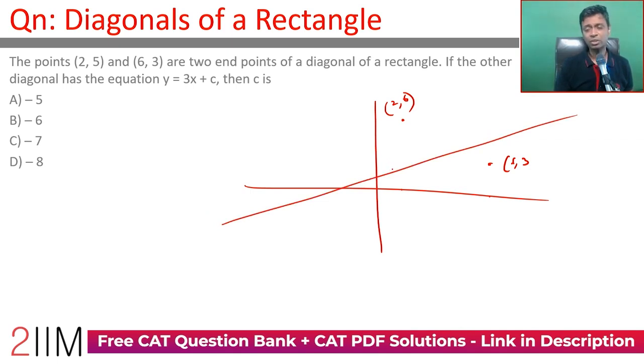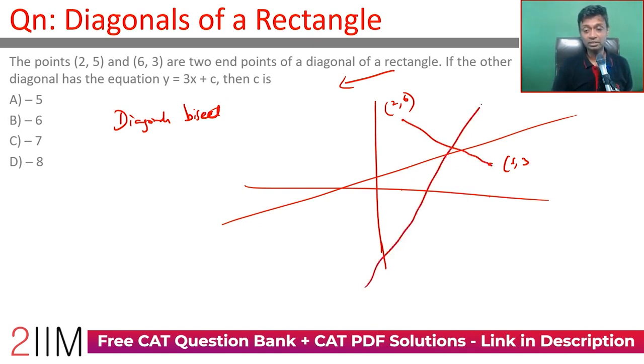It's a wonderful question. The key to this is to know that this is a rectangle. In a rectangle, the diagonals bisect each other. So what does that tell us? That tells us that this diagonal should pass through the midpoint of this. So the diagram looks weird. This doesn't look like it's a midpoint. So chances are the other diagonal is like this.